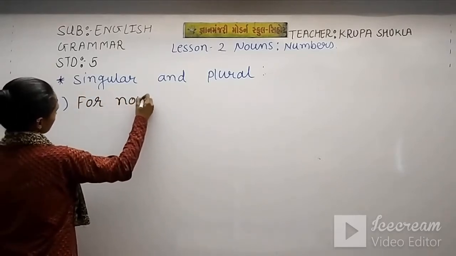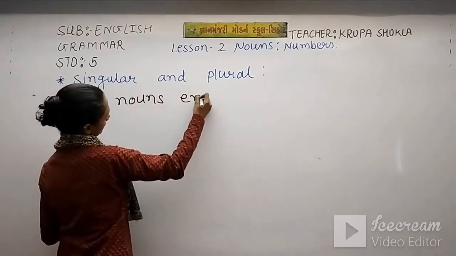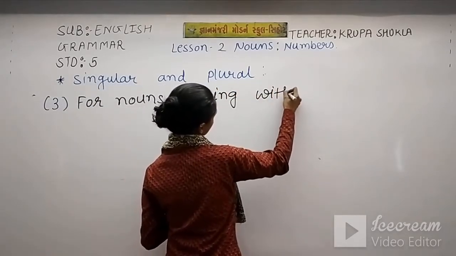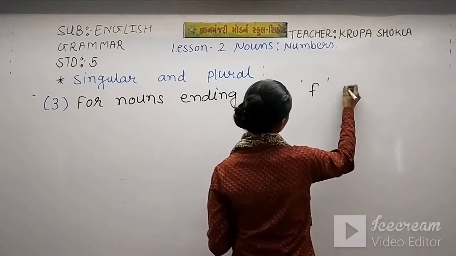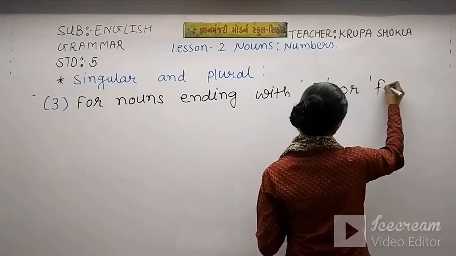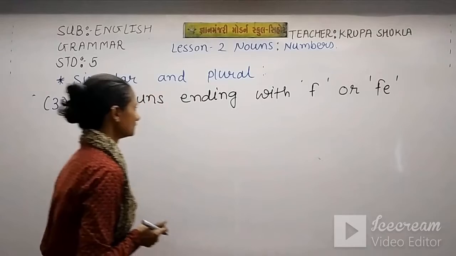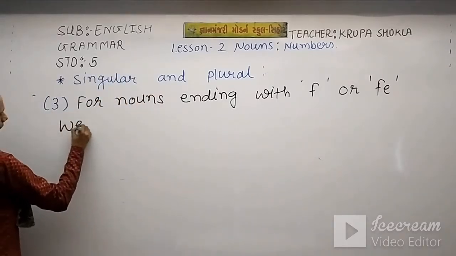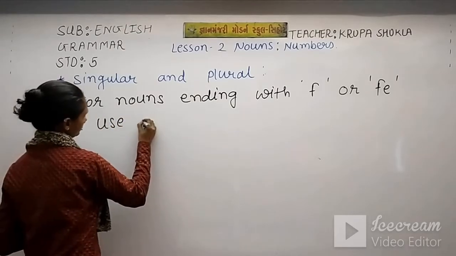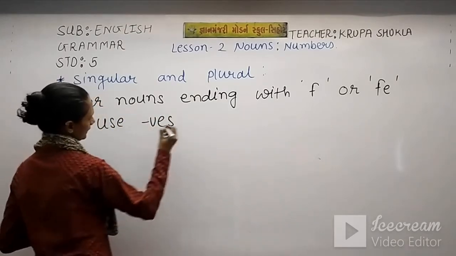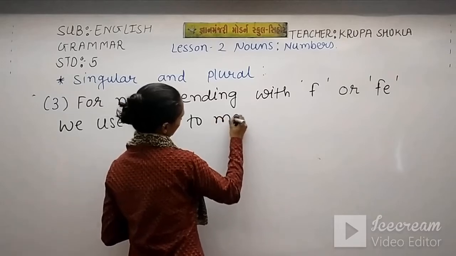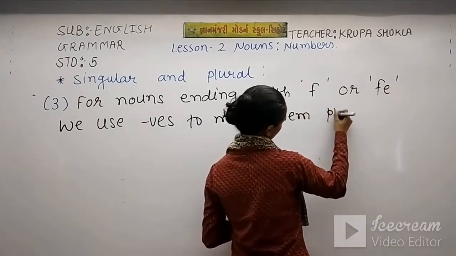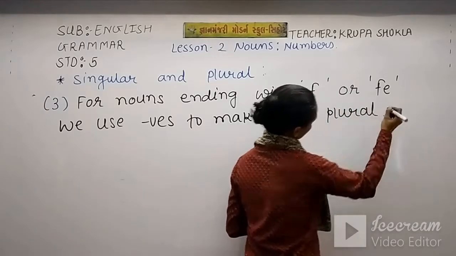For nouns ending with f or fe, we use ves to make them plural.